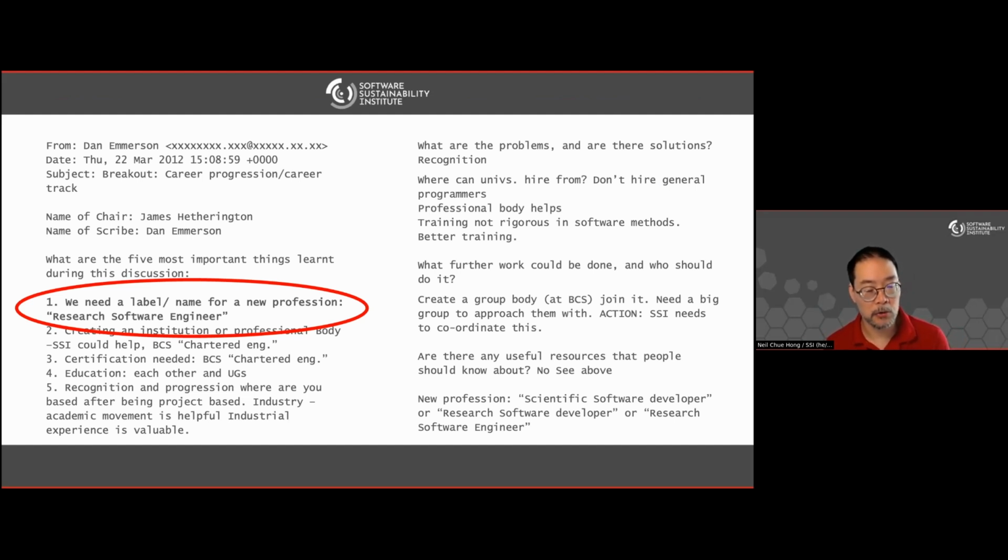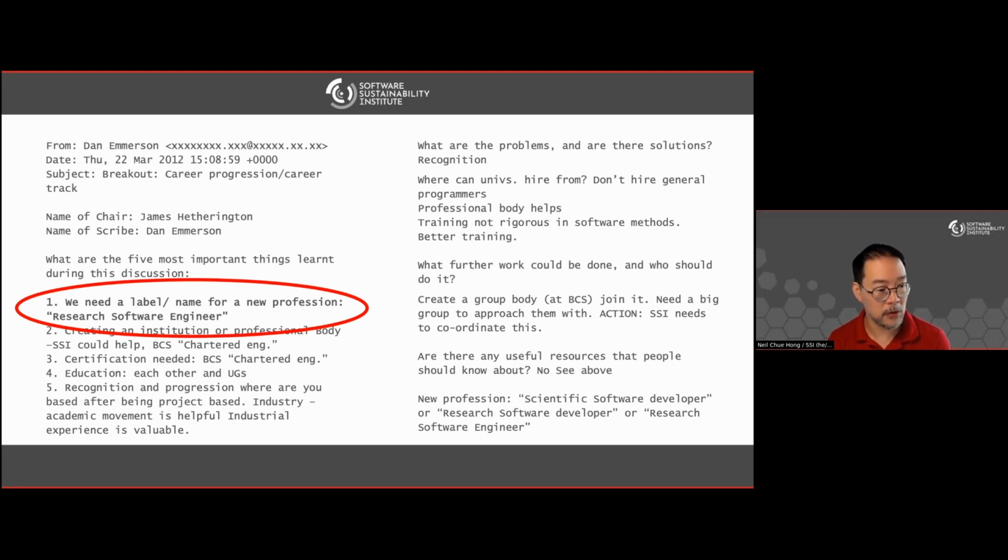They were being called postdoctoral research associates, they were being called lecturers, they were being called researchers. We needed a way of being able to see how many of those people existed. And that's where the term research software engineer was coined by my ex-colleague Rob Baxter. And as you can see, a lot of the other things that were being discussed are still important for us today.